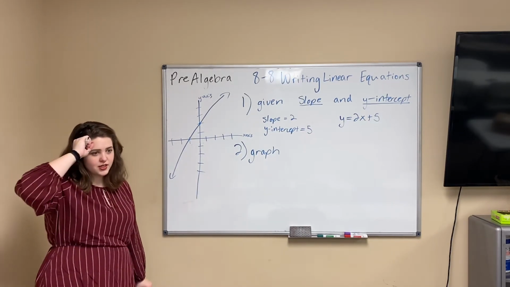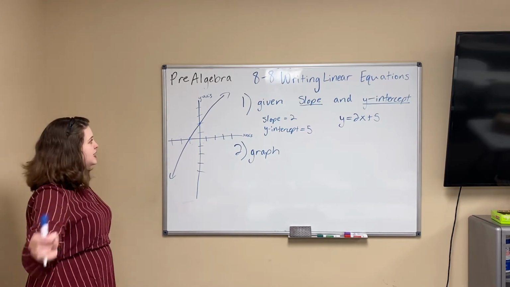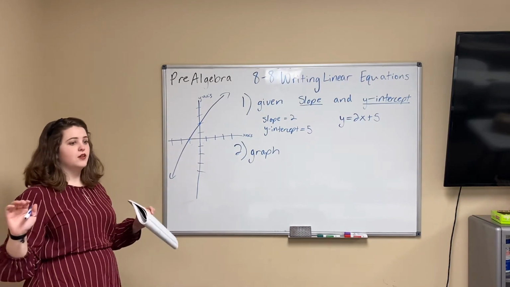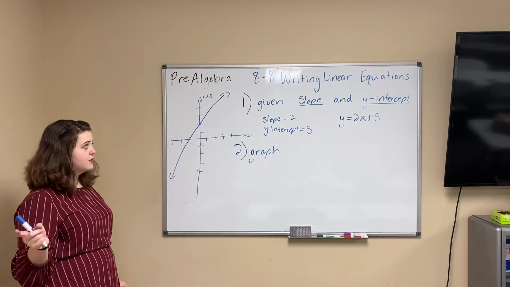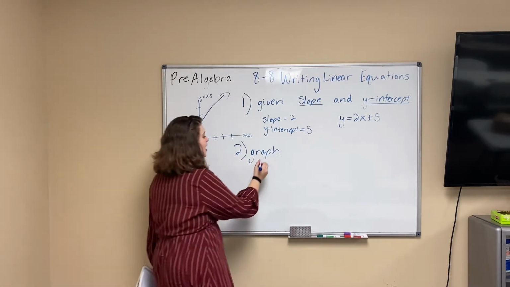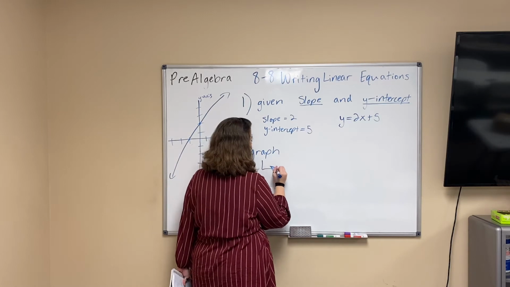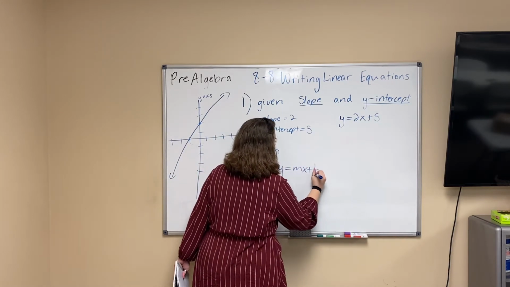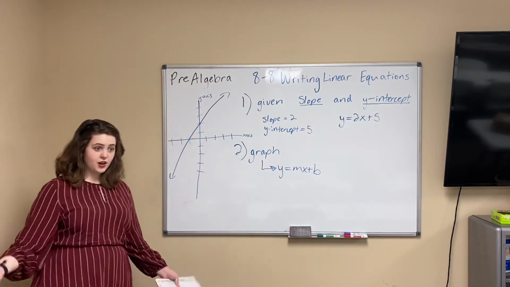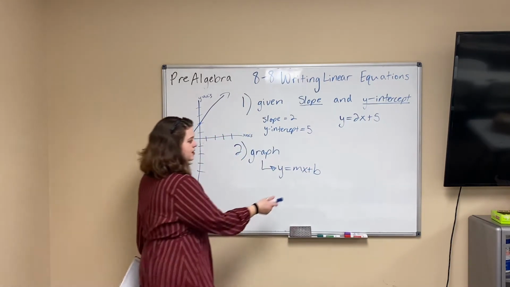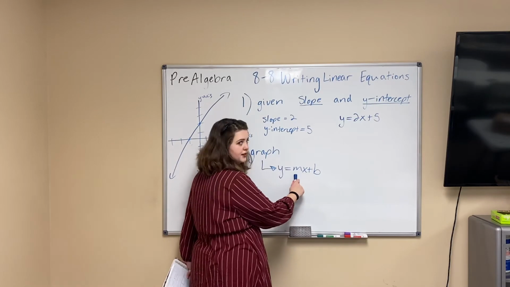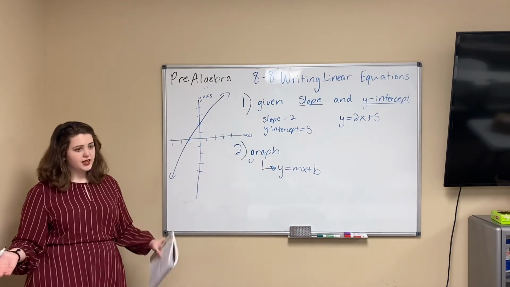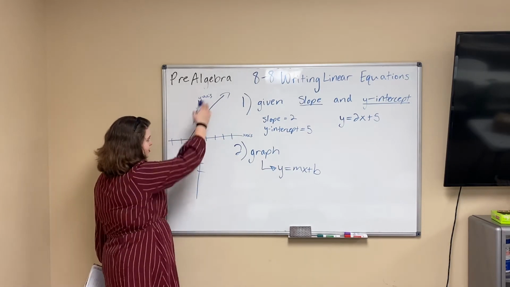The very first thing you should look for when you see a graph is where does this graph intersect the y-axis? Because we know that in our slope-intercept form, I'm looking for y equals mx plus b. And the things that we need to know in that equation are the y-intercept and the slope. So the first thing I'm going to look at is, where does this line cross the y-axis?